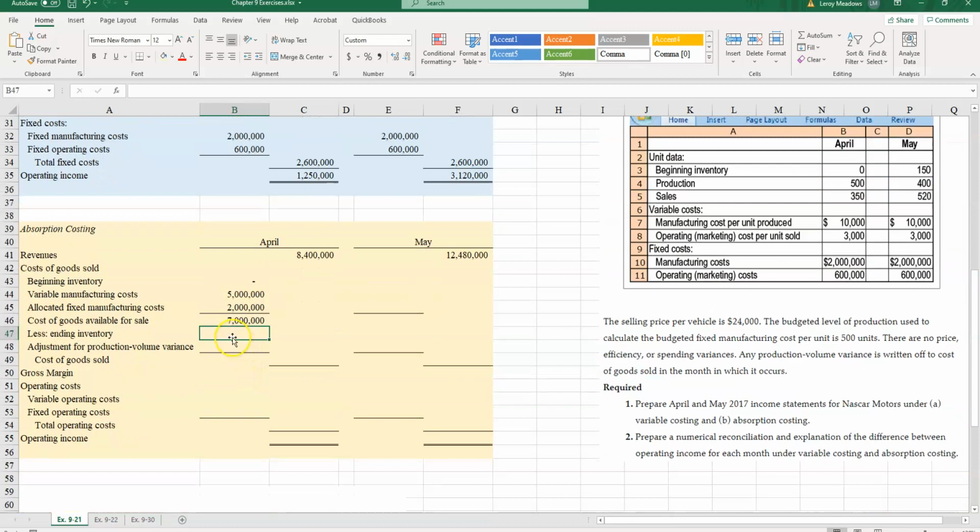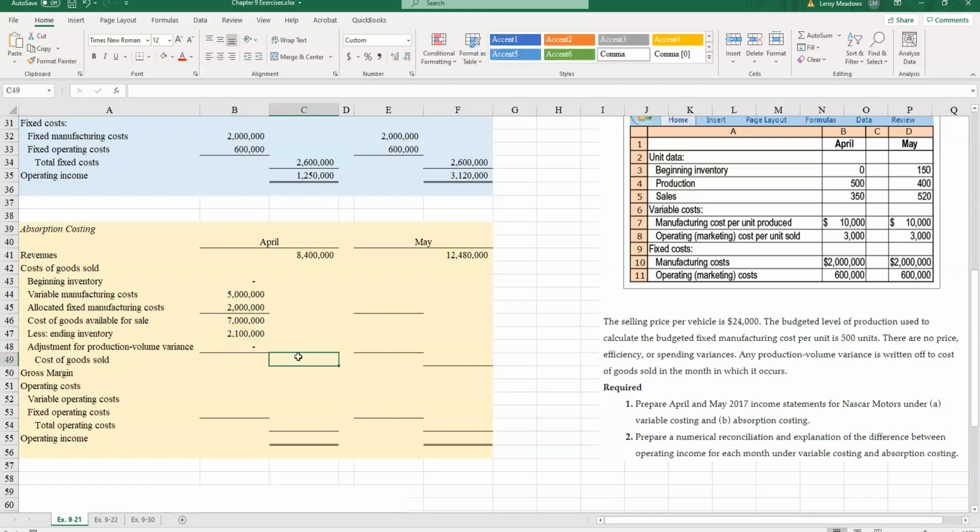So I'm going to take my $14,000 times 150 units in ending inventory, and that's going to give me an ending inventory of $2,100,000. Now, since I have no beginning inventory, I have no production volume variance here. So I'm just going to simply put 0 here.